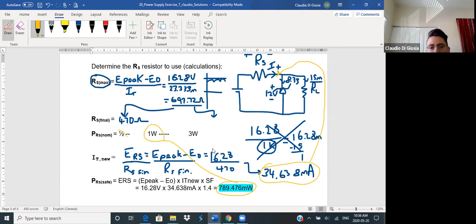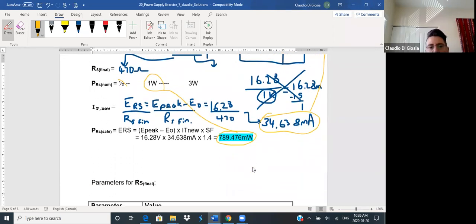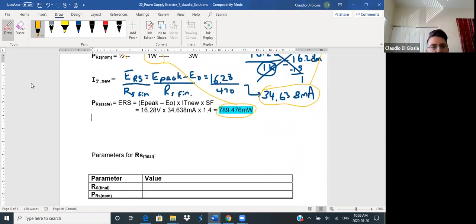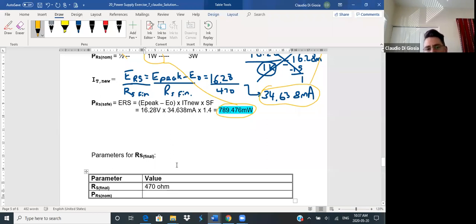I'm going to use a 1 watt. So those two bits of information together will help me fill in the box at the bottom here. What is my RS final? The resistance value of 470 ohm. And what is the nominal wattage? Well, based on 789, I'm going to purchase a 1 watt resistor.